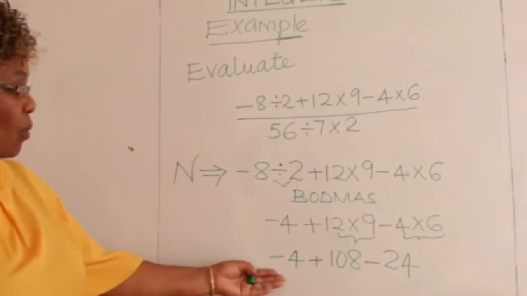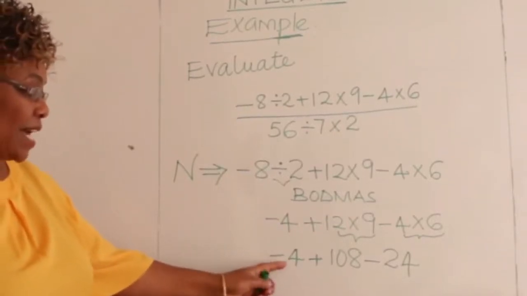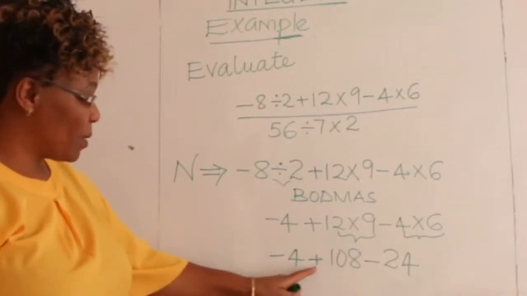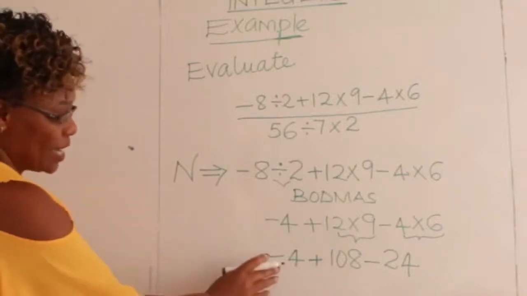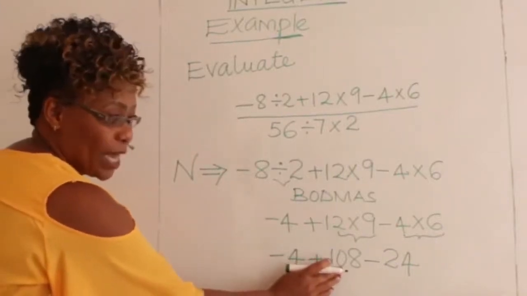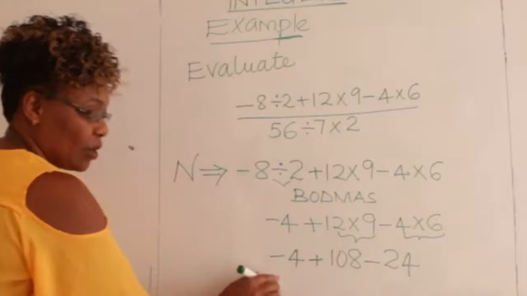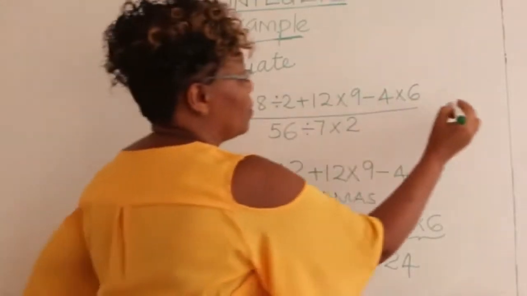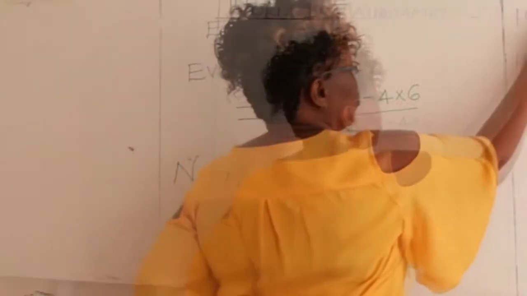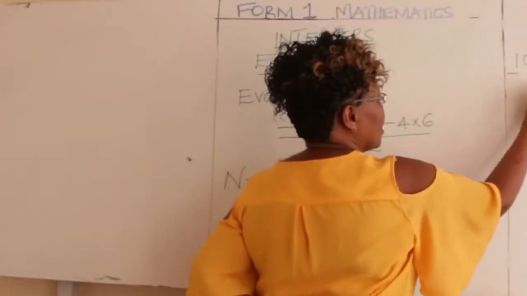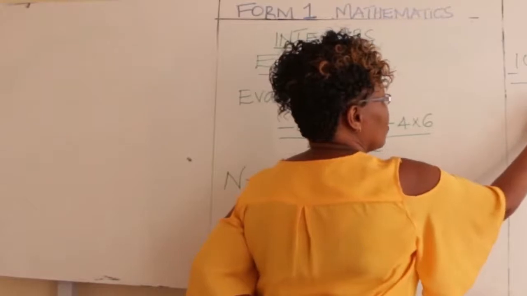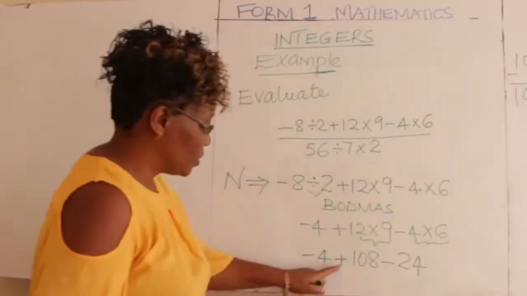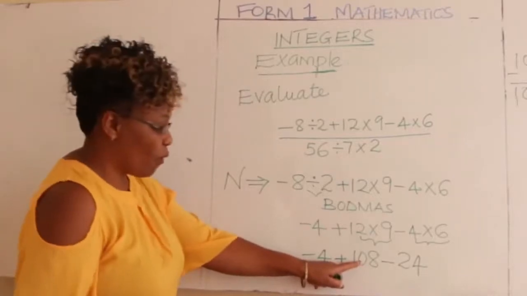So you now work out this. Minus 4 plus 108 is what? You take 108, you minus 4. 108 minus 4 gives us 104.